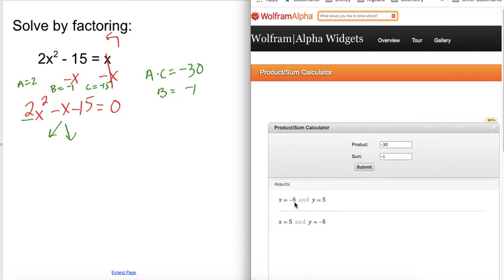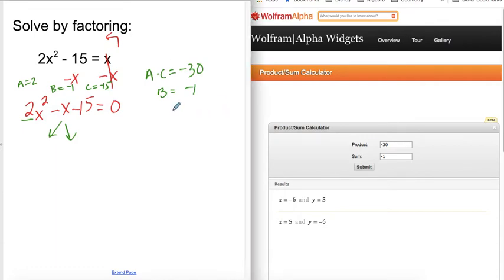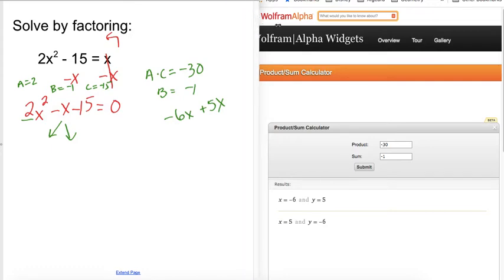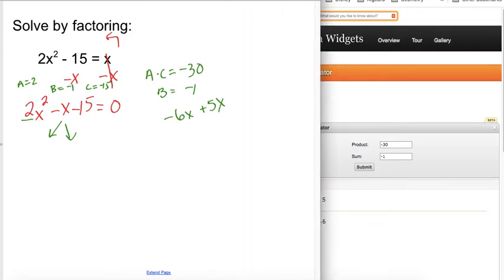This is telling us we want a -6 and a 5. So we need to have a -6x and a +5x. I'm going to look at whether I want the -6x to be first or second as I look at my numbers in the trinomial here. So the first number in the trinomial is a 2. 2 goes well with the 6.